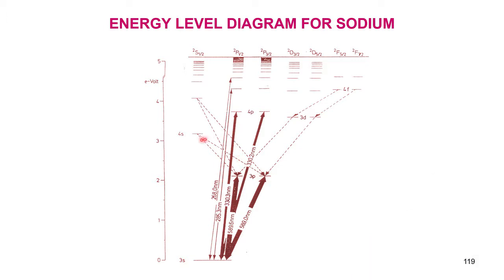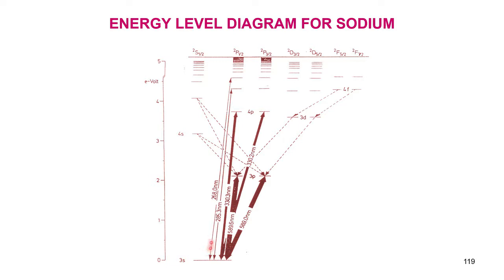And then 4s is here, and then 4p is here, 3d, and there are other levels like 4f etc. Other energy levels are shown all around here. So, the ground state electrons are at 3s.